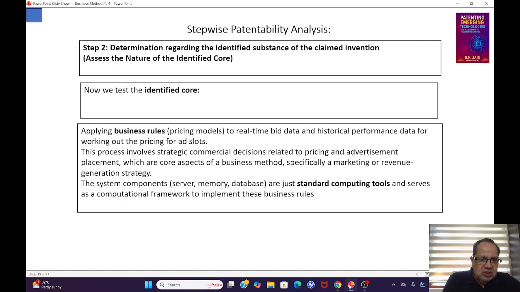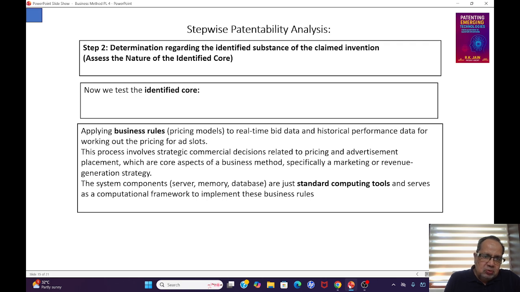So this process involves strategic commercial decisions relating to pricing and advertisement placement. Now we see that if it is a commercial decision related to pricing and advertisement, these are nothing but the core aspects of a business method, specifically a marketing and revenue generation strategy, and the system on which it is operating consists of just standard computing tools that serve as a computational framework to implement these business rules.